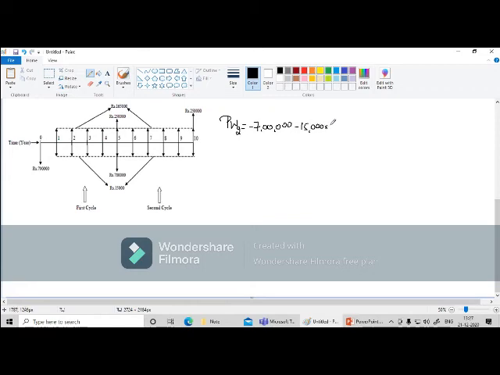It is annually distributed and I want to convert it to present, so I'll multiply it by P by A, i comma N. Then plus again 1,65,000. This 1,65,000 profit is also distributed for all the years, so 1,65,000 multiplied by P by A, i comma N.